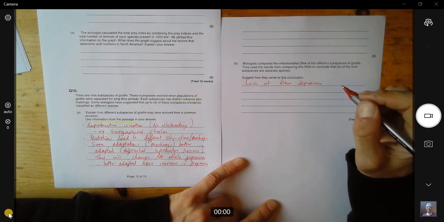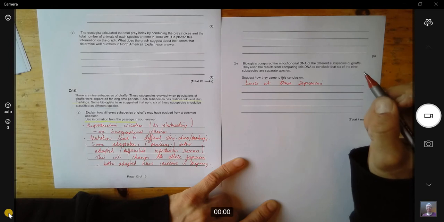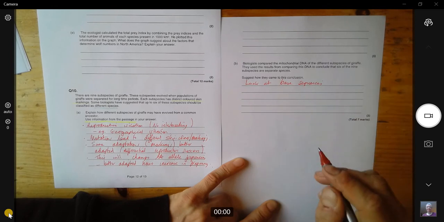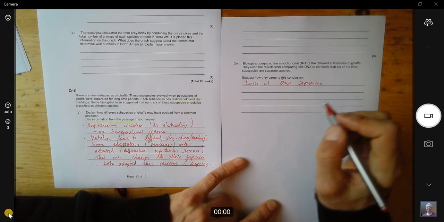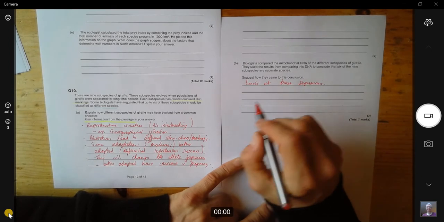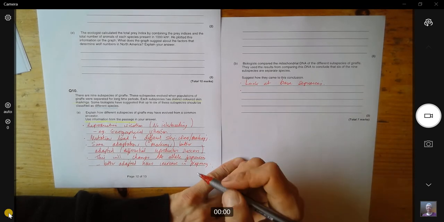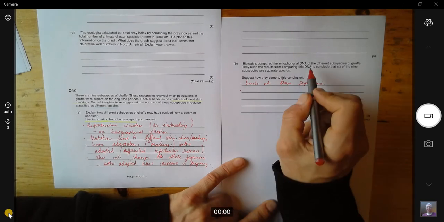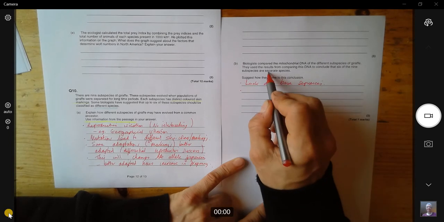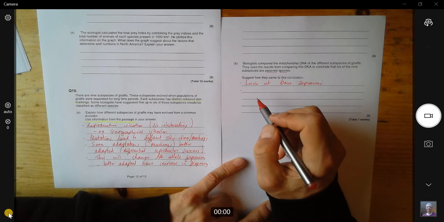They might do things like DNA hybridization that you might know a little bit more about, even though it's not described in detail in the spec. And then for the second mark, what would they be looking for in these base sequences? They'd be looking for, in this situation now, if they're separate species, that the base sequences will be quite different.